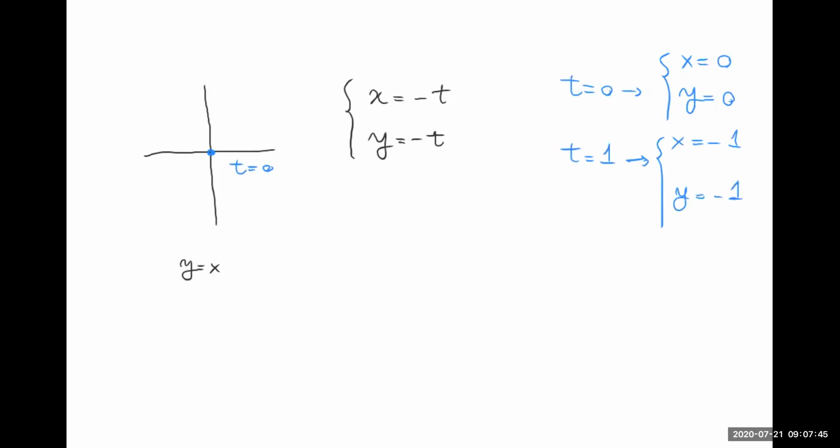So after 1 second, the particle is here. What about after 2 seconds? Well, x is equal to minus 2, y equals minus 2. So the particle would be here. And if we connect these, we can see we get the same line, but the particle is going towards the other direction, right?